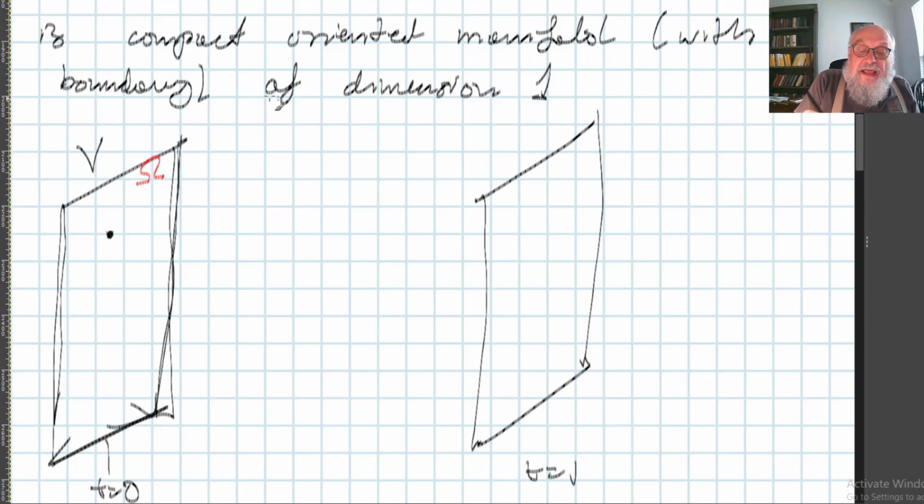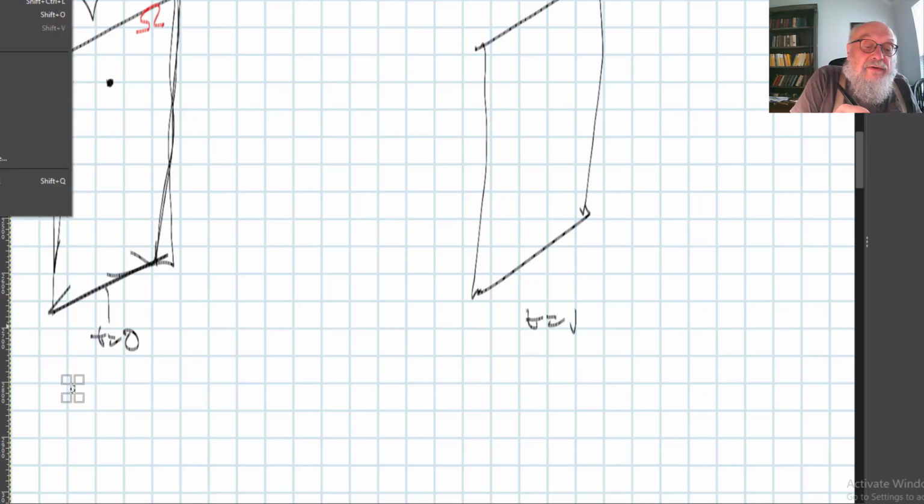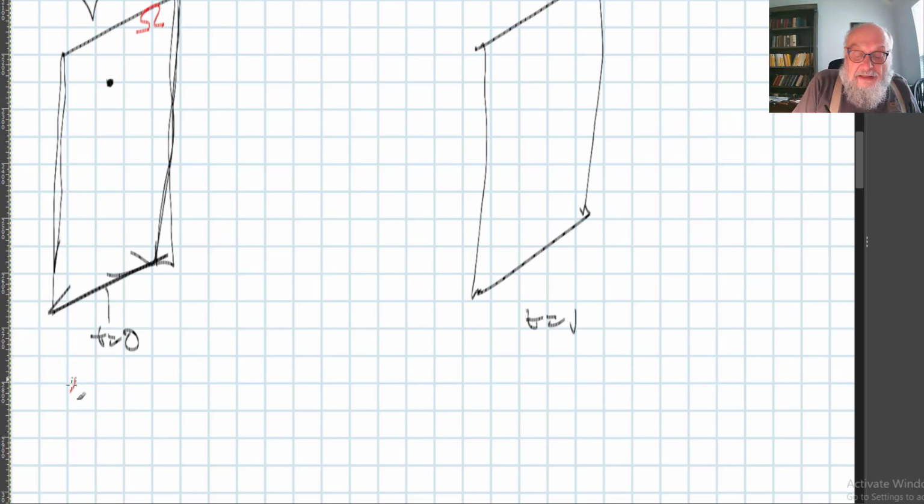If you look at the points of f minus 1 of 0 times omega, you have here several points. We remember that there are two possibilities.